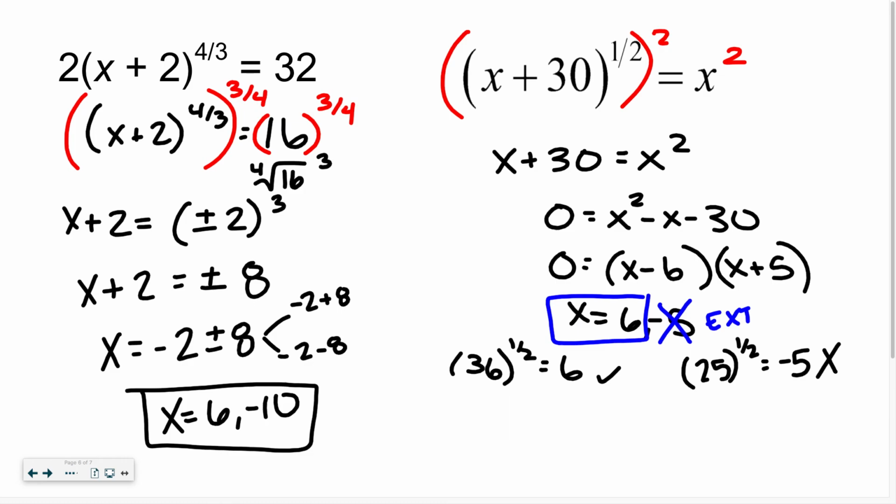Or am I simplifying when I check it, and an even root equal to a negative doesn't actually work, so that's extraneous. Okay, so those are the parts that we're really contemplating that make this Algebra 2. Okay, we're better than Algebra 1 because we understand how roots work.